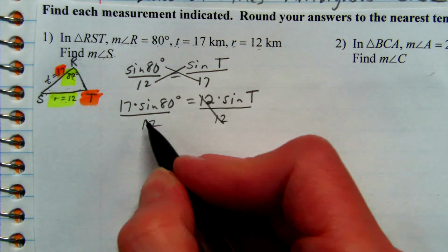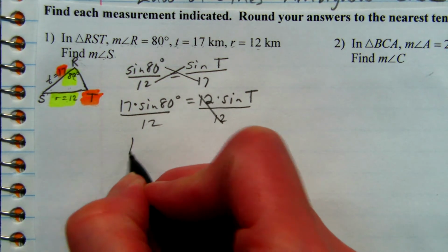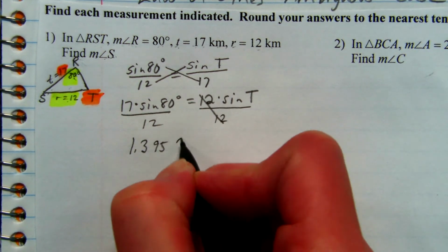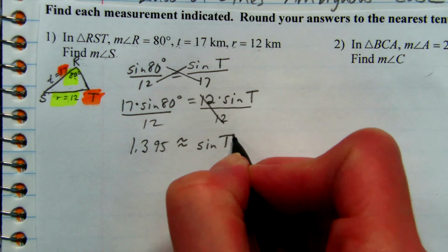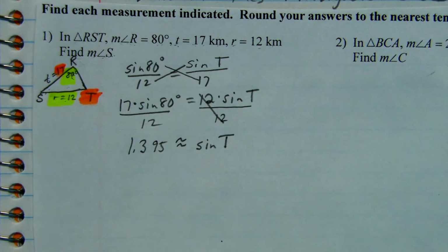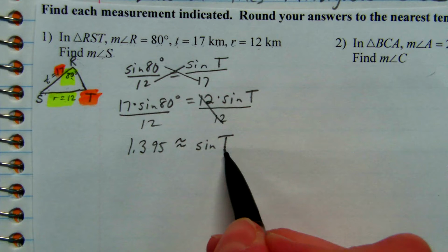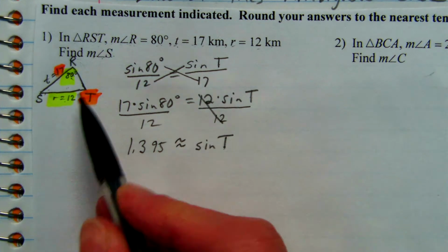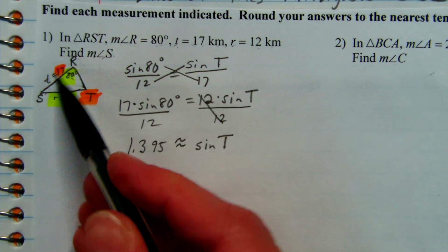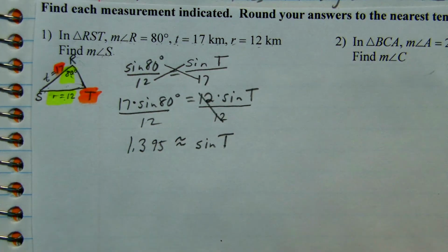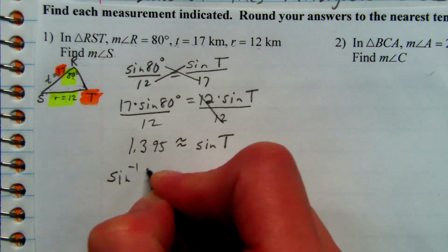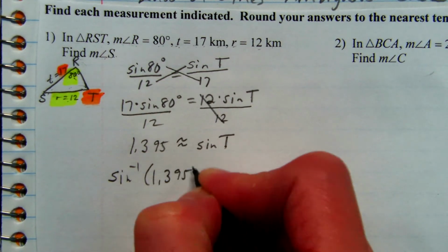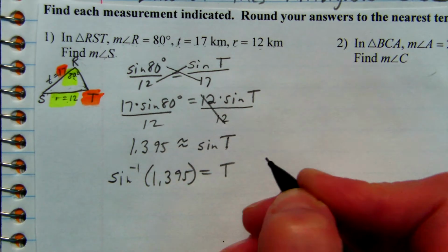And when you put this in the calculator, it comes out approximately 1.395 is approximately equal to sine of angle T. So we have to figure out what angle T is to do anything else, and then if it works, we can find angle S. So we find this by using inverse sine. Inverse sine of 1.395 would give us angle T.